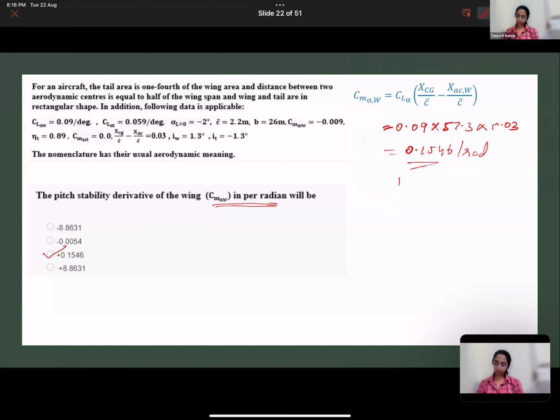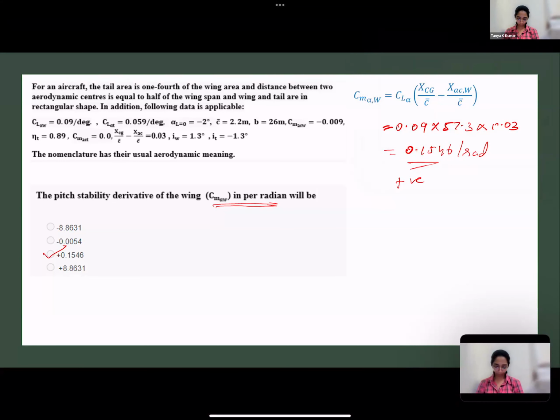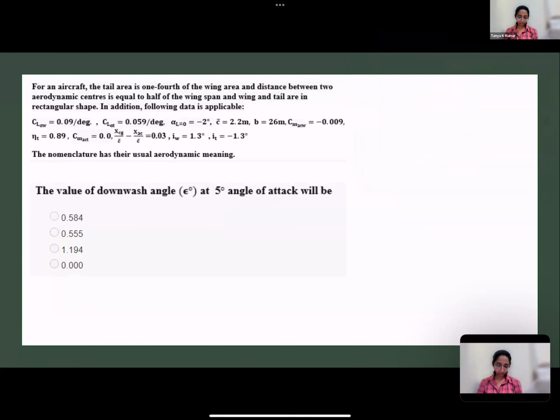Destabilizing, yes. This is positive. You require CM alpha to be negative for stabilizing. So your wing contribution towards stability is destabilizing. You're absolutely right. Okay. Next, the value of downwash angle epsilon at 5-degree angle of attack will be.